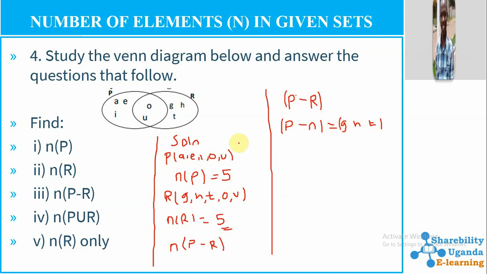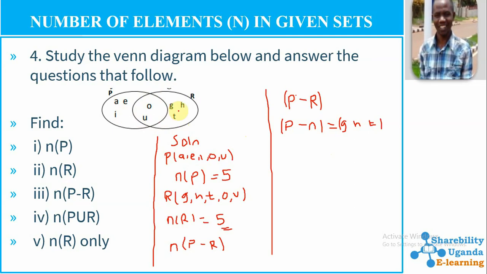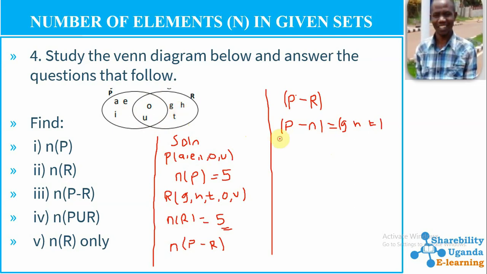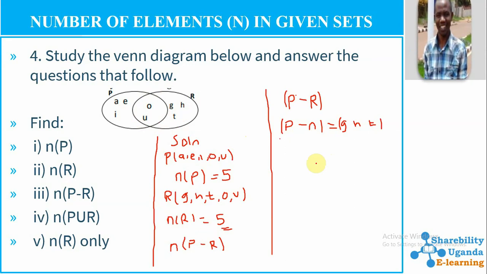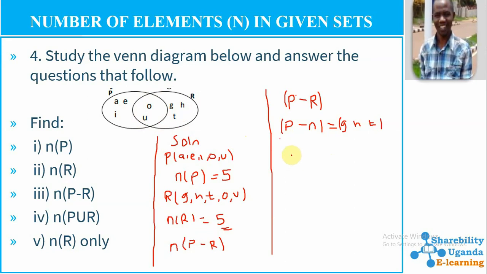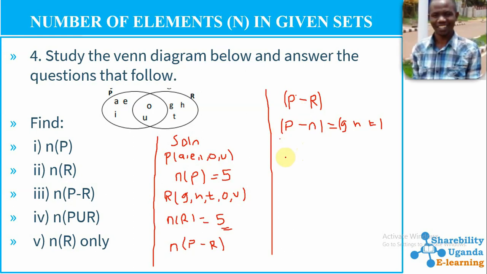We exclude the members that are shared, because they are part of P and they are also part of R. They belong to the intersection, that is the overlapping part.